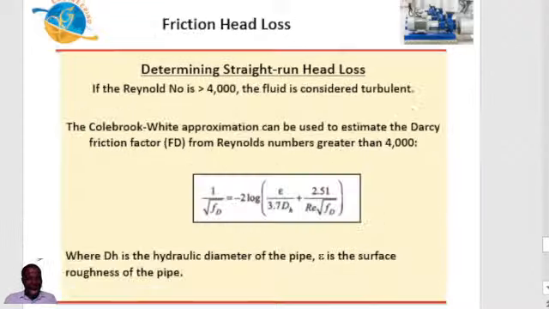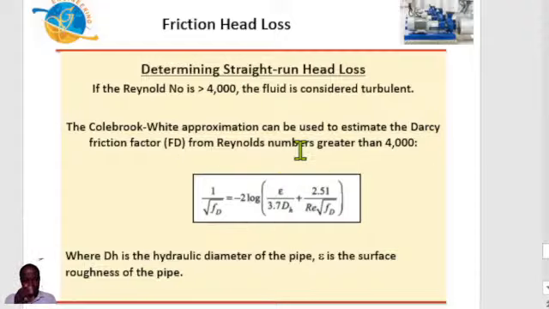The Colebrook-White approximation will be used to estimate the Darcy friction factor for a Reynolds number greater than 4000. I know you must have seen this expression in different texts.